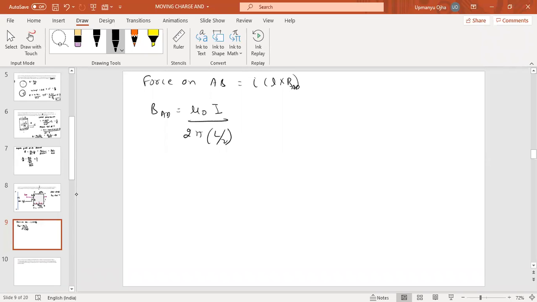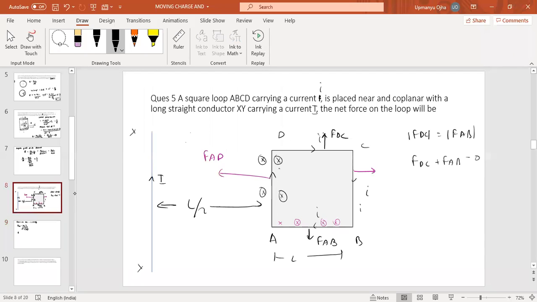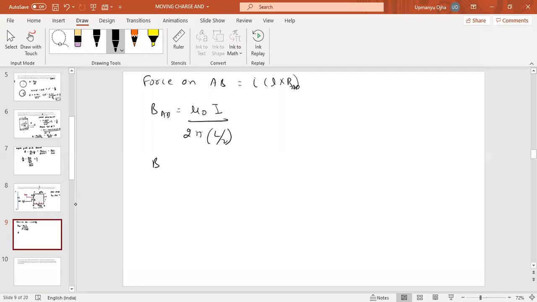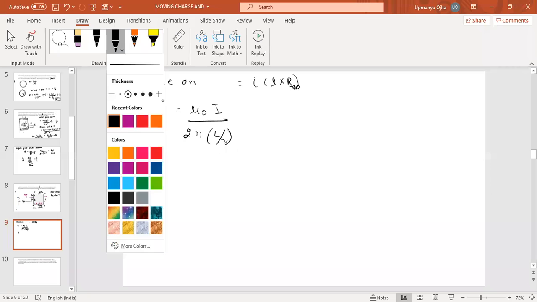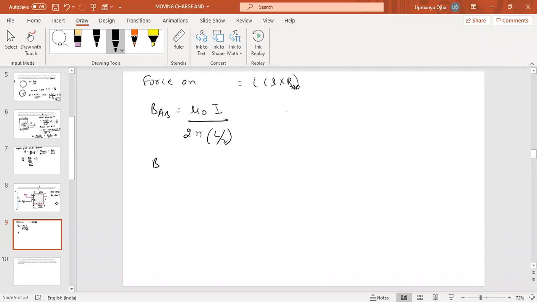Similarly, the magnetic field on BC, and the magnetic field on AD.